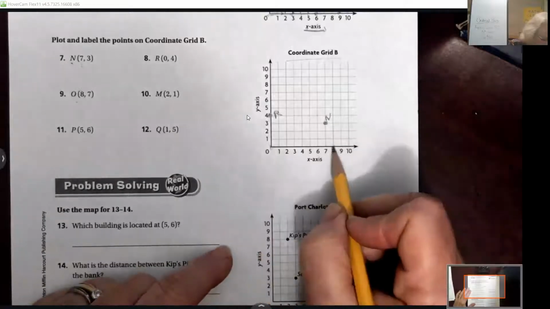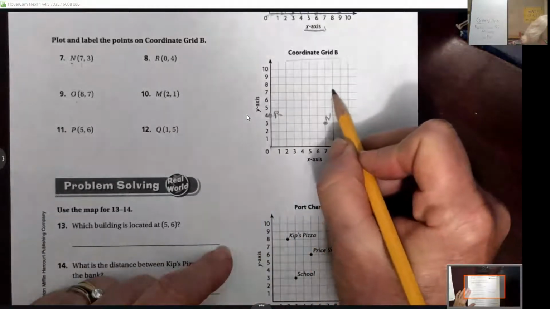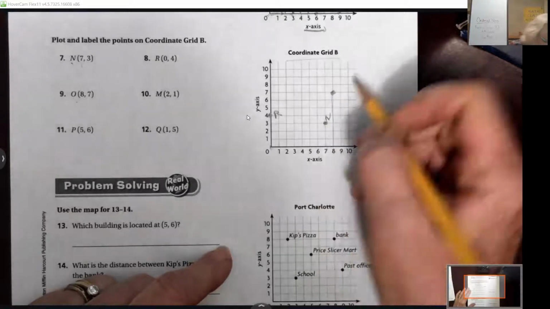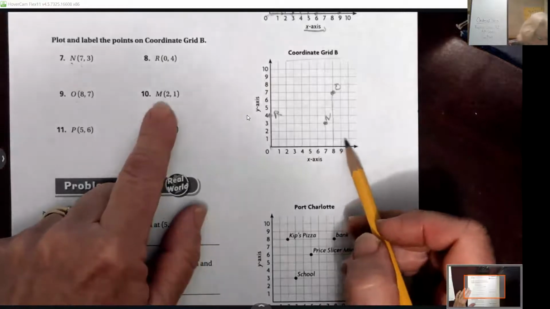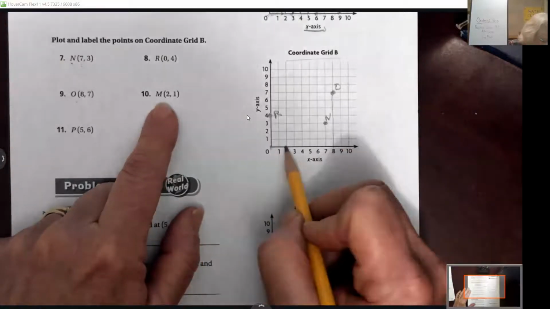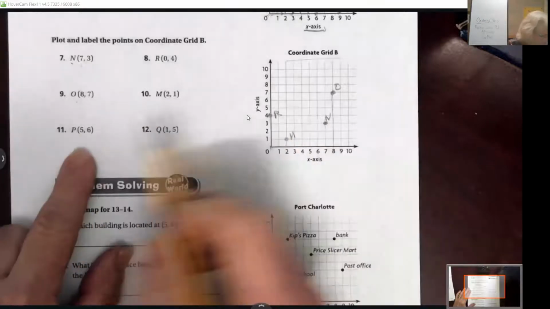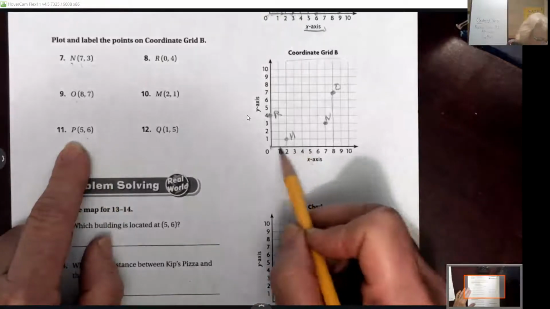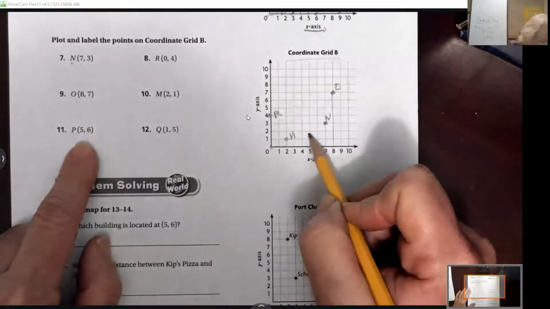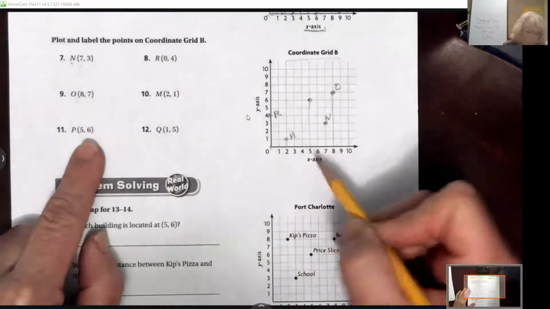So over 8, then up 7, right in place there, and we're going to be here to get O. Number 10 is M, and we go over 2, up 1, and that's M.